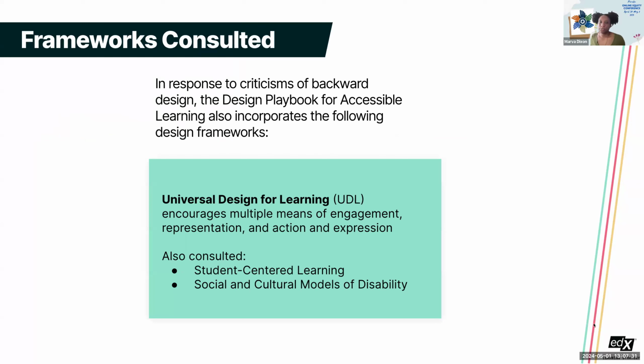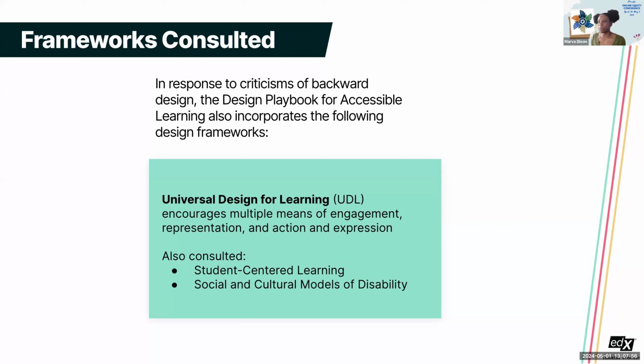So due to the criticisms that we came across with backward design, we looked at some other learning design frameworks, and the main one that we looked at was Universal Design for Learning, or UDL. And Universal Design for Learning wants to create flexible learning experiences that ideally can be used by all students.